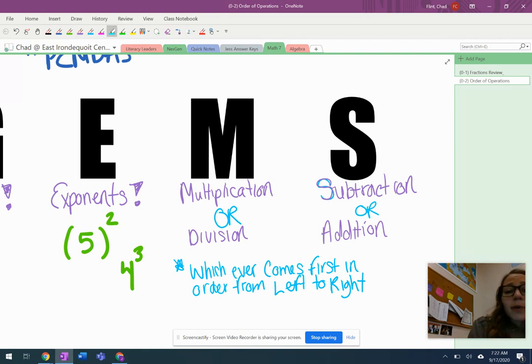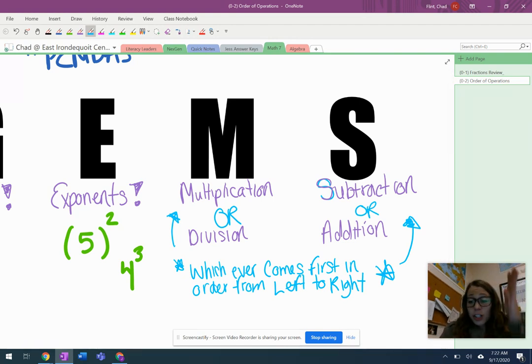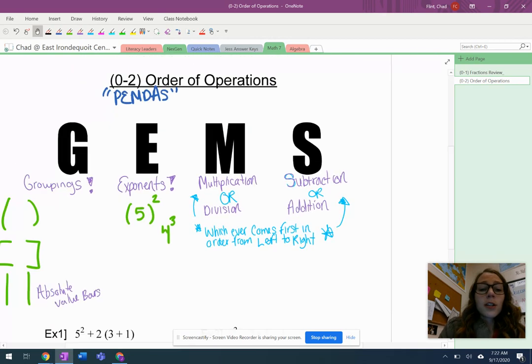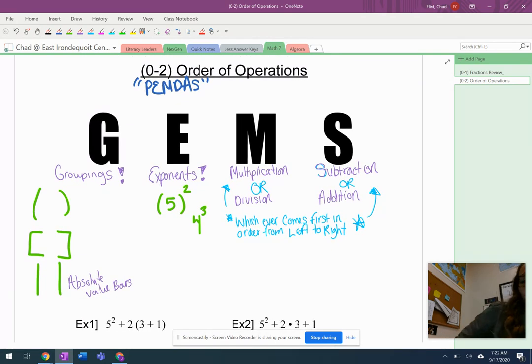And just like this multiplication one, and that's why I kind of wrote that big enough to go across both of them, this is both whichever comes first in order from left to right. So subtraction always isn't going to come first. Addition always isn't going to come first. It's whichever shows up when you're going in order from left to right. So there is what that acronym stands for.